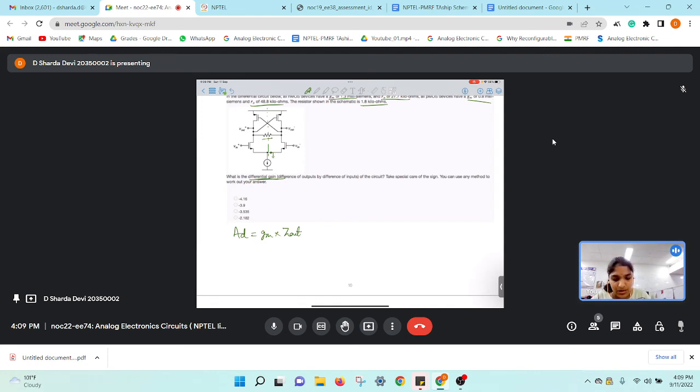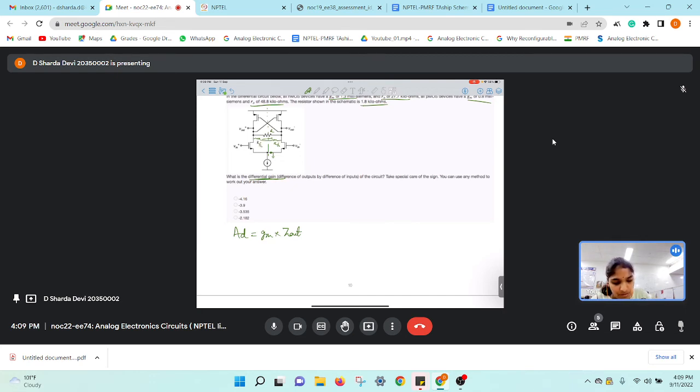To make this circuit symmetric, as we did last time, we can divide it into two resistors, each of R by 2.